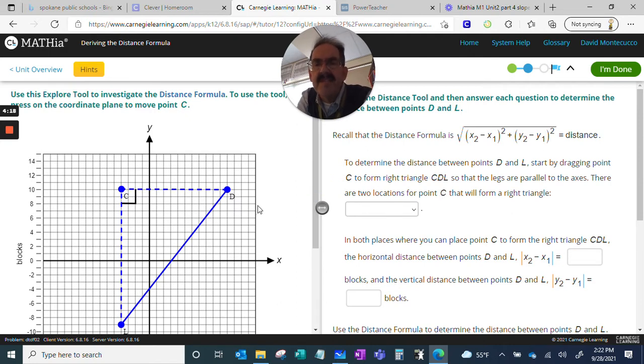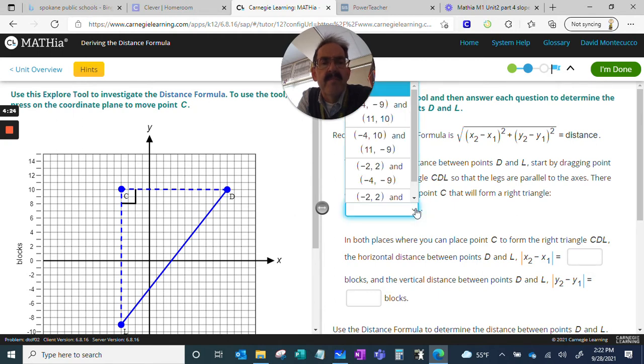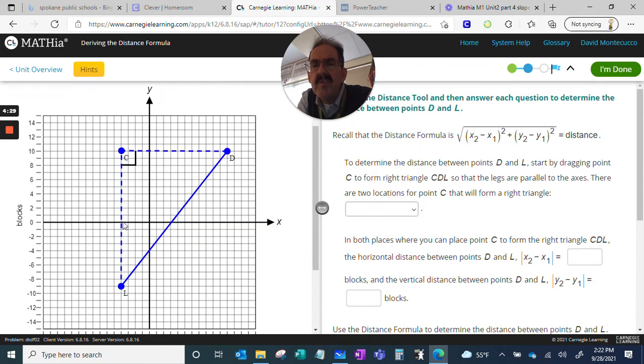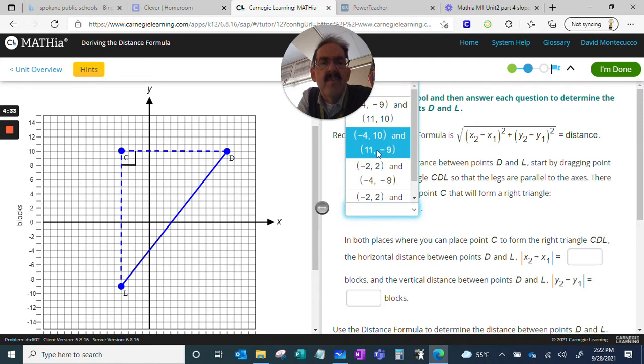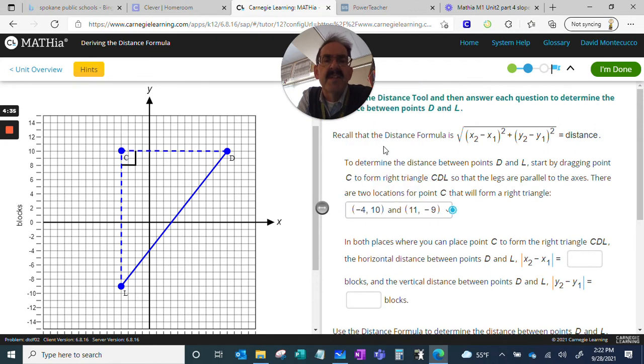All right, now the distance formula. Determine the distance between D and L by dragging C. There are two locations for point C that form a right angle. Okay, and this first one is 1, 2, 3, 4, 10. That's the only one that says it, so we'll guess that one.